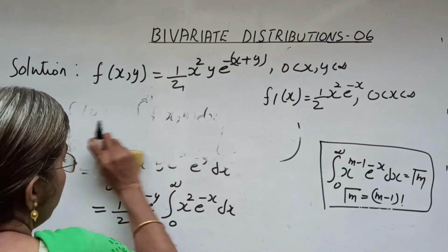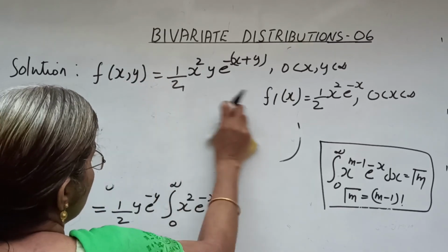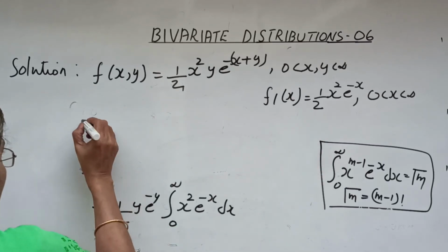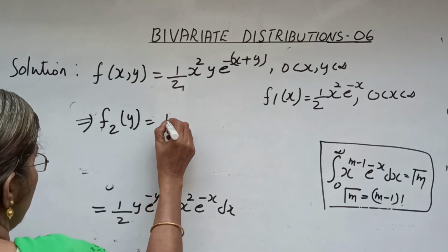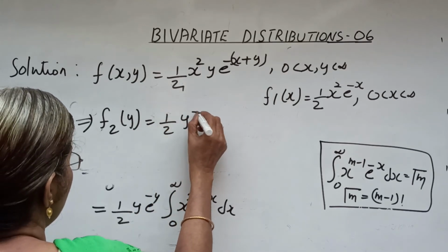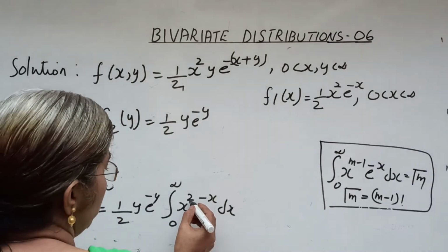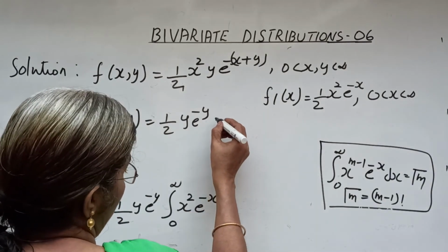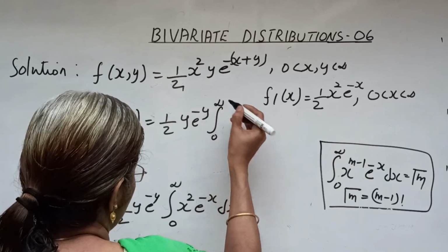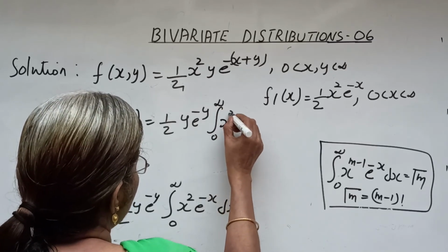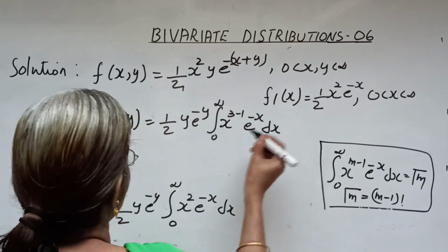That is f2y equal to 1 by 2 y e raised to minus y into, this is gamma 3. X square can be written as x raised to 3 minus 1, the integral from 0 to infinity of x raised to 3 minus 1 e raised to minus x dx.